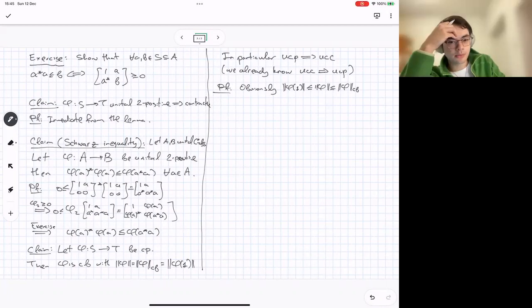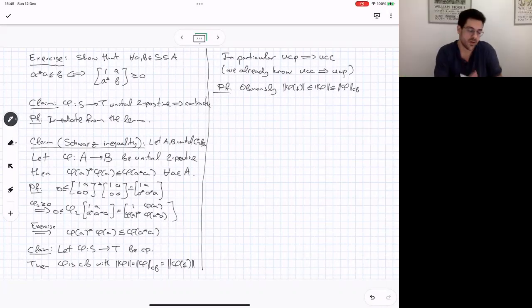When we proved that unital contractions are positive, I guess there are examples of contractions which are not. Yes, but it is not that far from that.